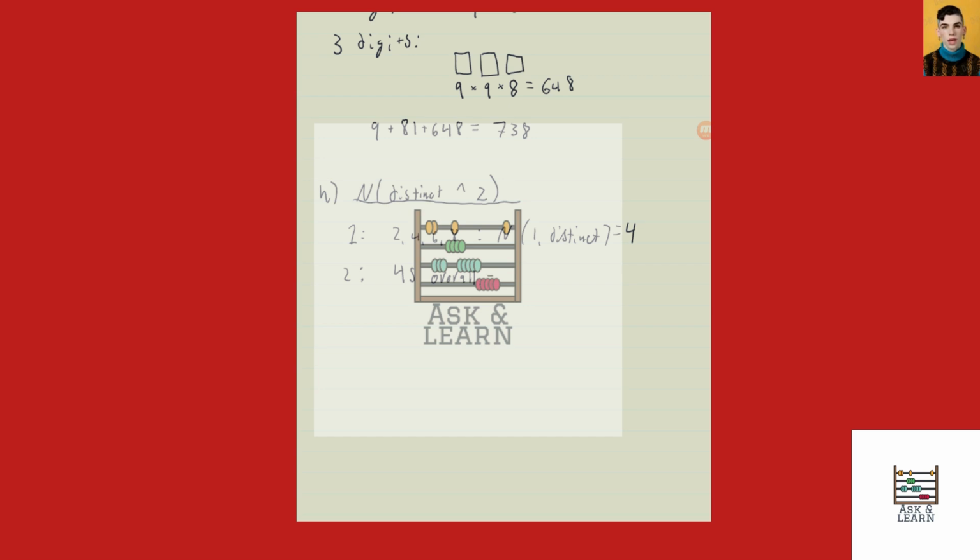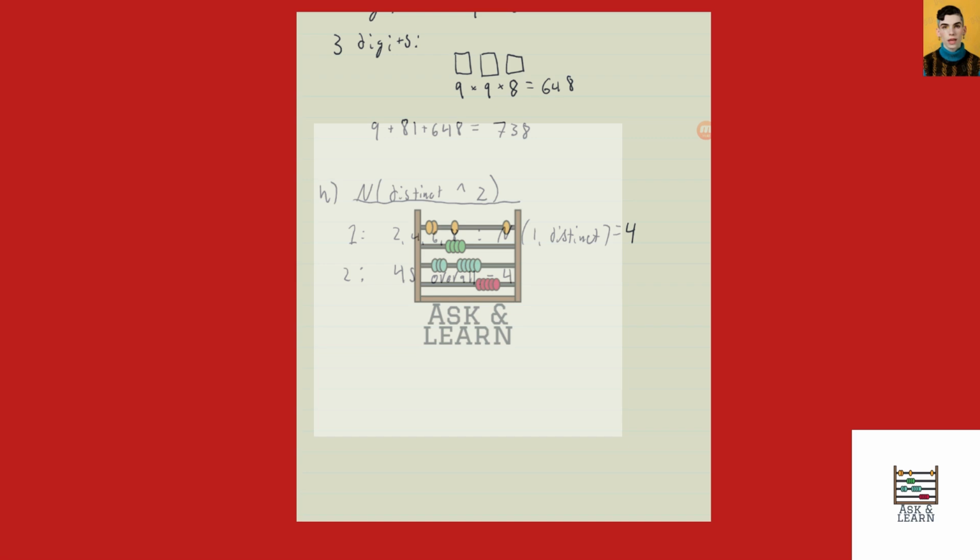Between 10 and 98, we would normally just think of 11, 22, 33, 44, 55, 66, 77, 88, 99. But we are only looking at the even ones. So 11, 33, etc., those would not be considered. Instead, we would just have 22, 44, 66, and 88.